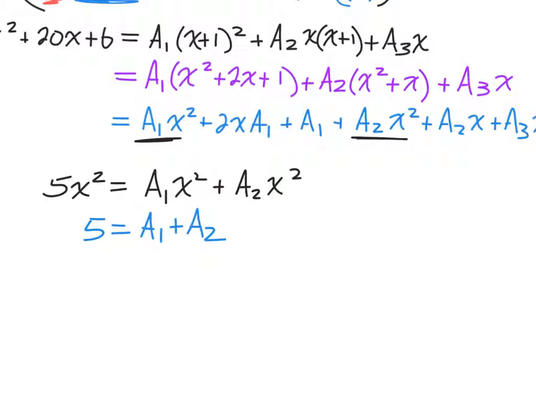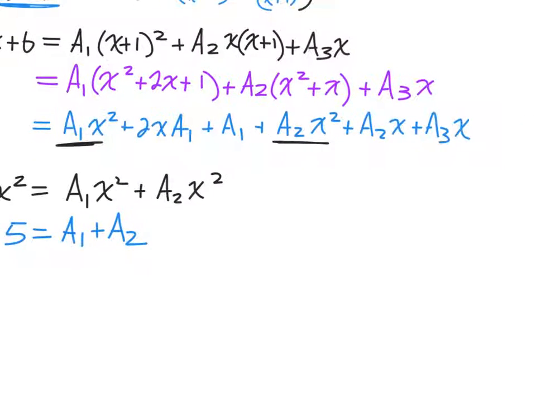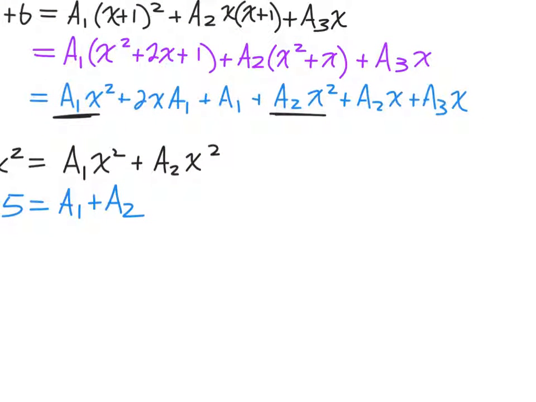We need all the terms that have x's in them. Just bring it here. So that's this one, and this one. So 2x a sub 1 plus a sub 2x plus a sub 3x. I should have written the 20x first.